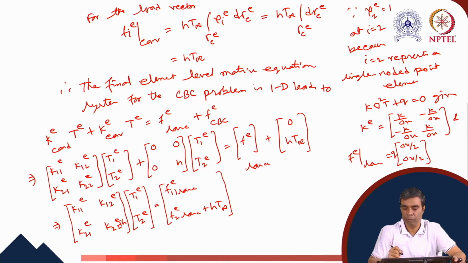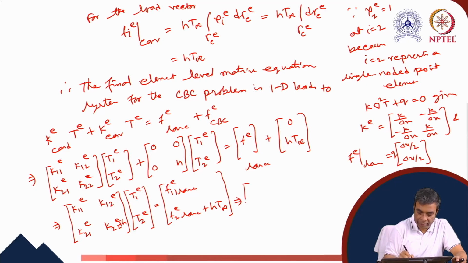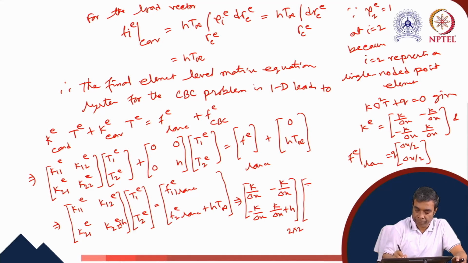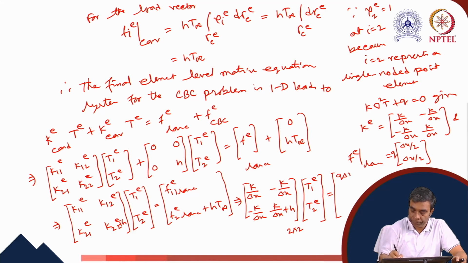Putting these expressions for Ke and Fe, we can further simplify this matrix equation system as K by delta x, minus K by delta x, minus K by delta x, K by delta x plus h, a 2 by 2 matrix, T1e, T2e equals Q delta x by 2, Q delta x by 2 plus h.